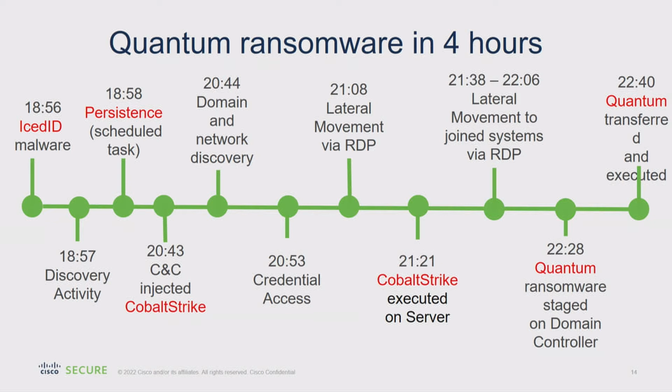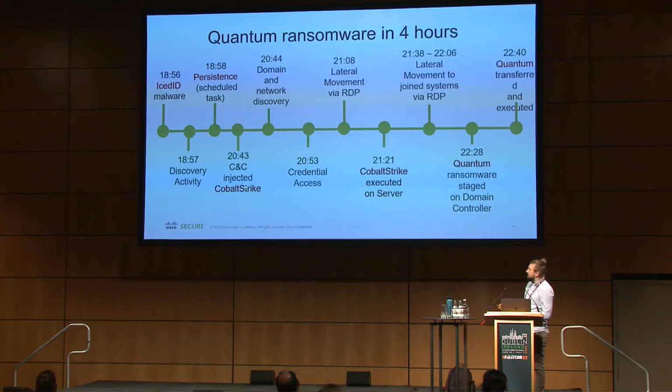What's important on this slide is that the Cobalt Strike framework was used in multiple parts of the attack chain. It was used as command and control, injected into the network, and then executed on the server where it performed both lateral movement and the end operation payload, which was the Quantum ransomware.